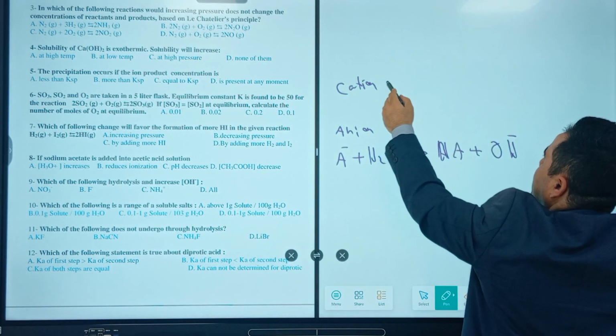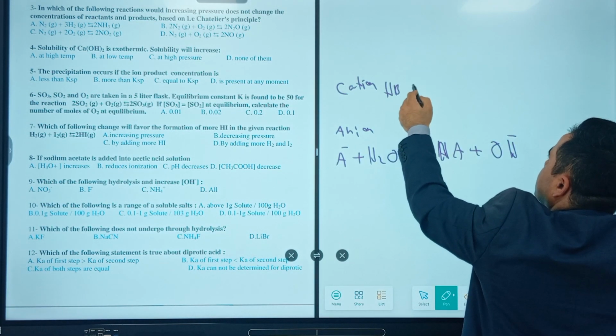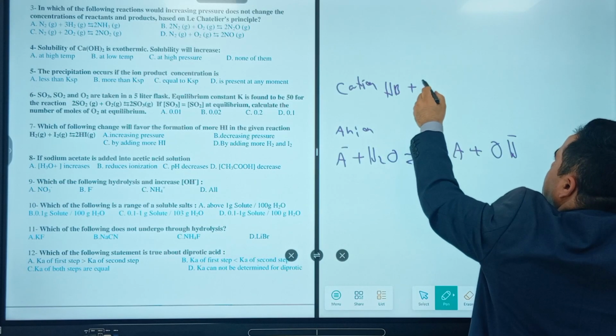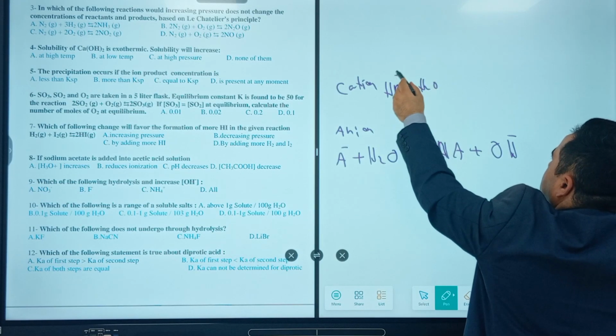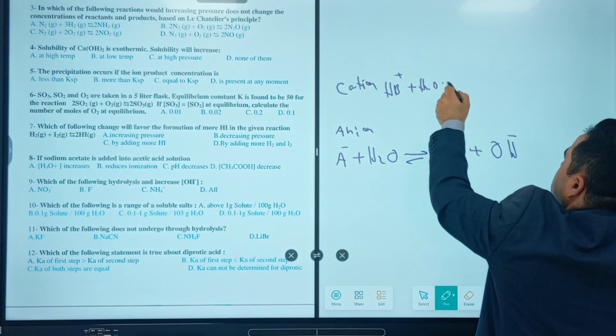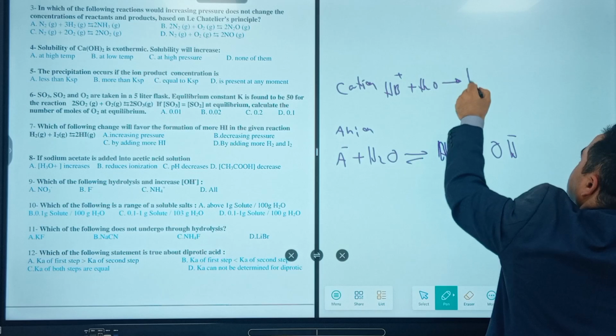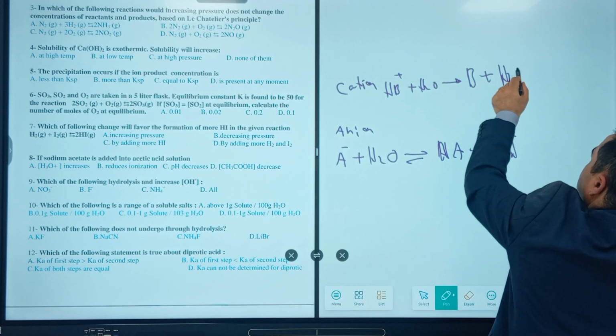The cation, like HB positive with H2O, will produce B plus hydronium.